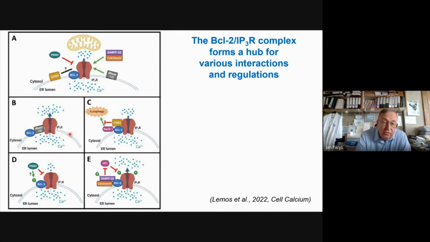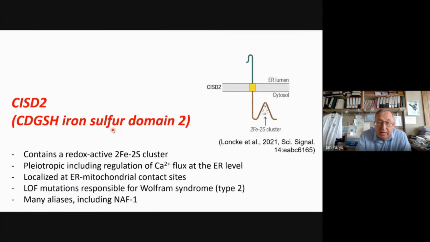What I will discuss is not the IRBIT1 and 2, but another protein which is very interesting for us, called CISD2. CISD2 is a very small protein, 15 kilodalton, containing an iron sulfur cluster, which is redox active, which is known to have various effects in the cell, including on the calcium flux at the ER, and it is localized very interestingly at the ER mitochondrial contact sites.